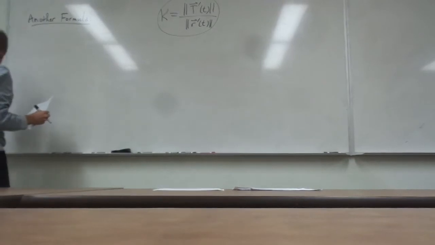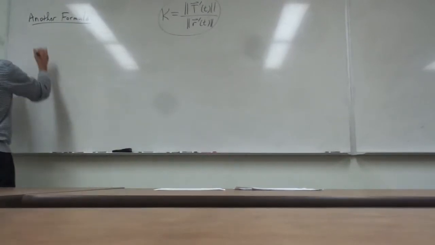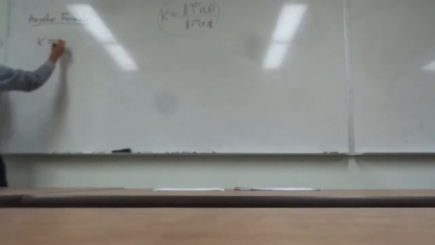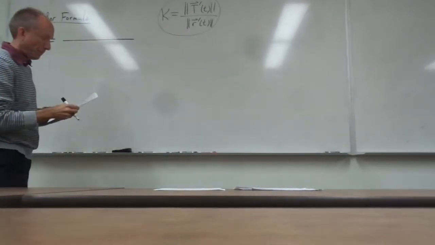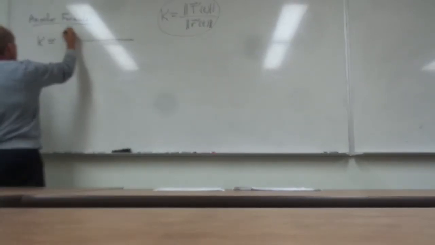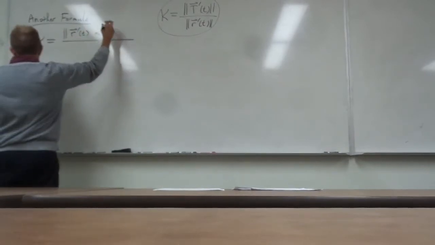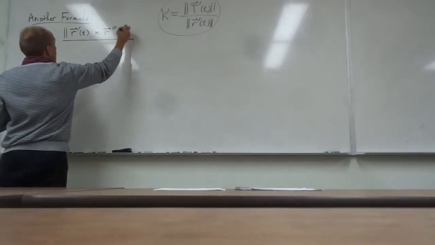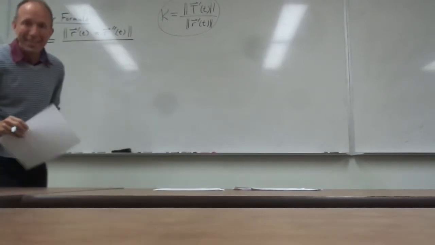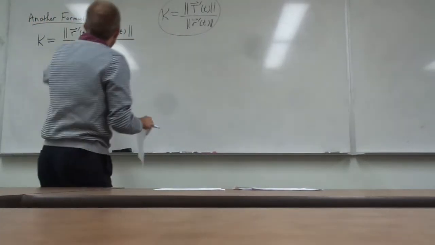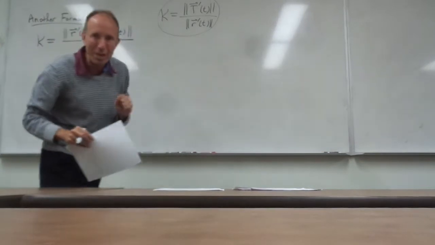What we can do is use this formula here. Again, we have a fraction. What we do is we take the norm of the cross product of the first and second derivatives of the position vector. Basically, it's the velocity crossed with the acceleration.